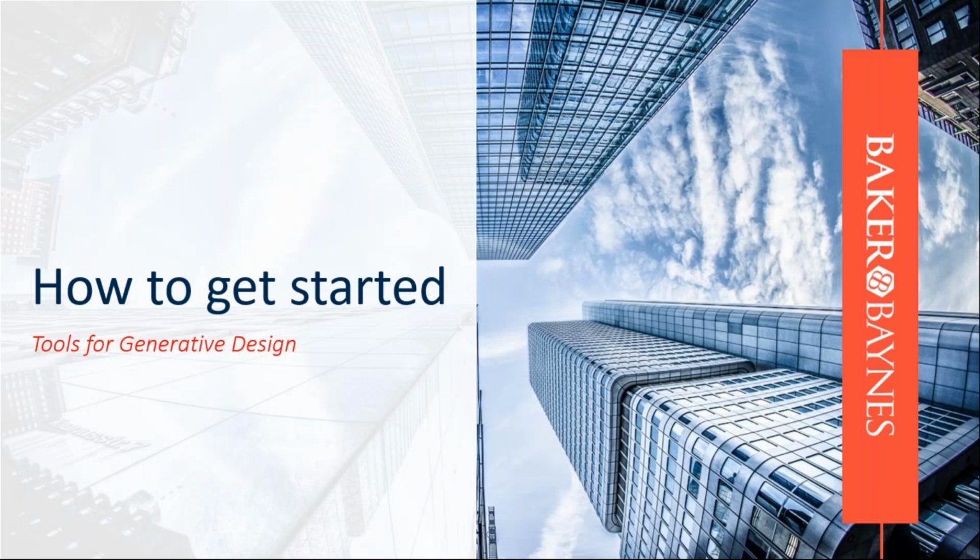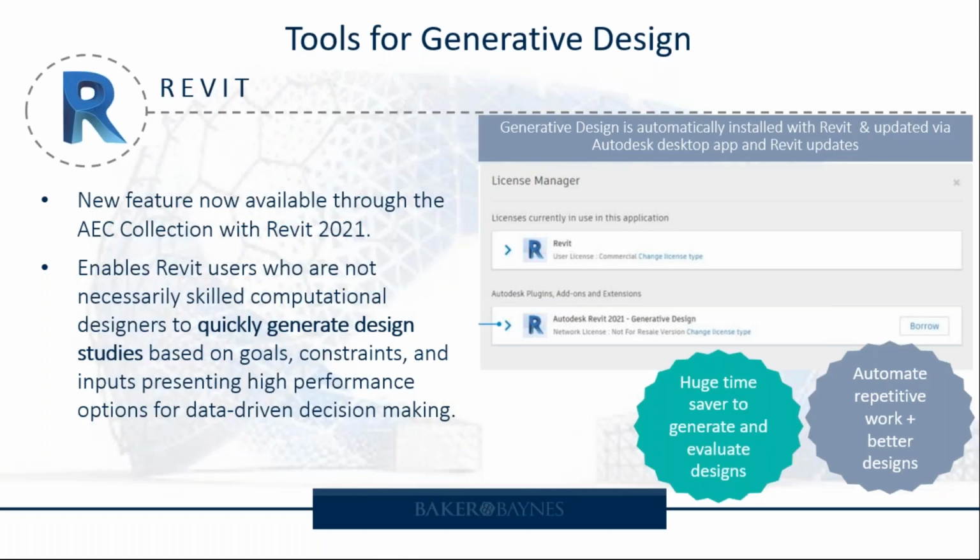Okay, so if we then look at how we get started, what tools do we have available to do this? Now we know that Autodesk has various products available, which allow us to create better designs. But today, as we're talking about generative design, we're going to specifically look at Revit and then also at Dynamo. Looking at Revit, it's a new feature that is now available through the AEC collection with Revit 2021.